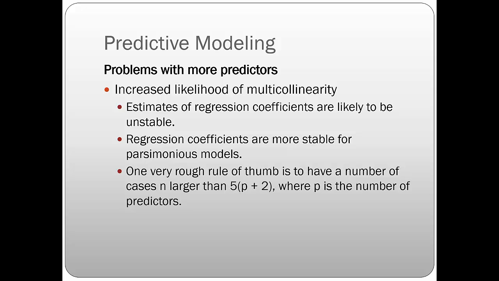Now, this is an important issue. If you have more predictors, there is more likelihood of multicollinearity. Multicollinearity refers to the condition where the predictor variables are correlated between themselves. Okay, you want the predictor variables to be correlated with the target, because these variables are supposed to predict the target, and if they have high correlation with the target and they have more information about the target, we will be able to successfully use those in predicting the target.